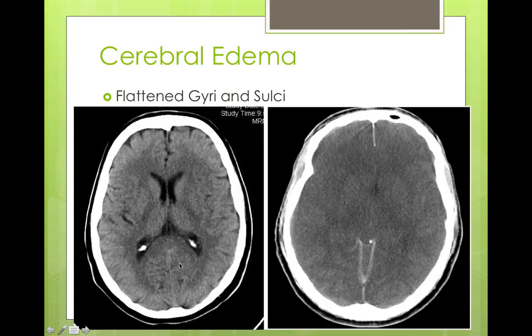They got flattened. And because they're flattened, you don't see them anymore. Look at that. Do you see lines? Do you see sulci? Or do you see gyri? No. Because they're flattened. So when you see the CT or MRI, but usually you'll see the CT of the swelling, like that, when you don't see the sulci, you don't see the gyri, think about edema.